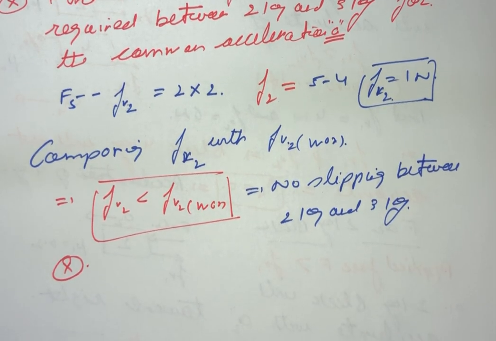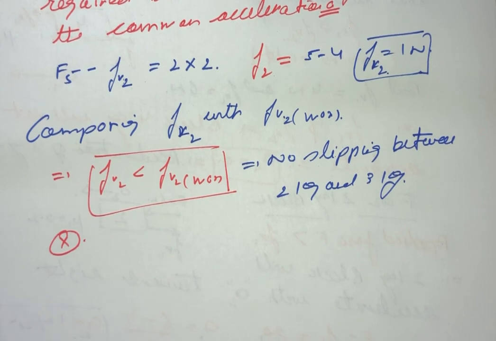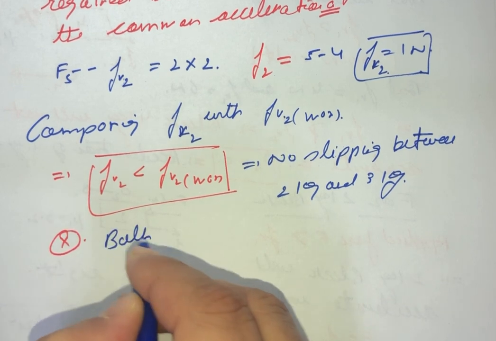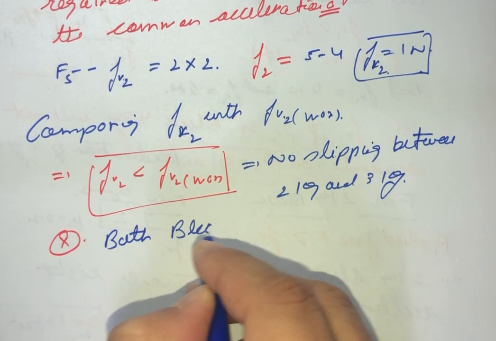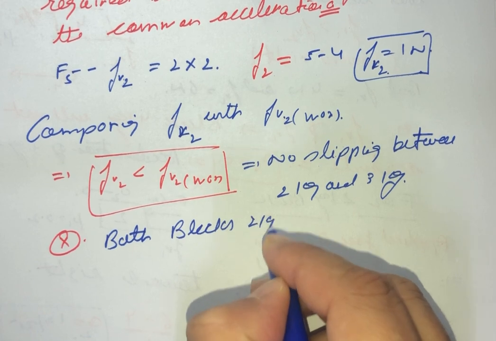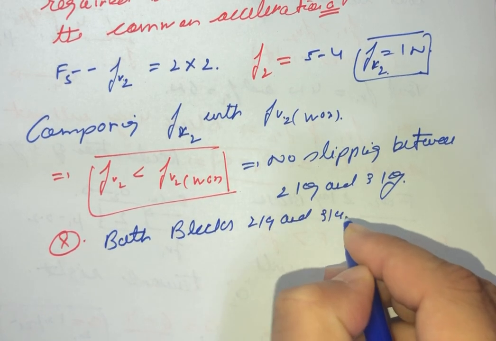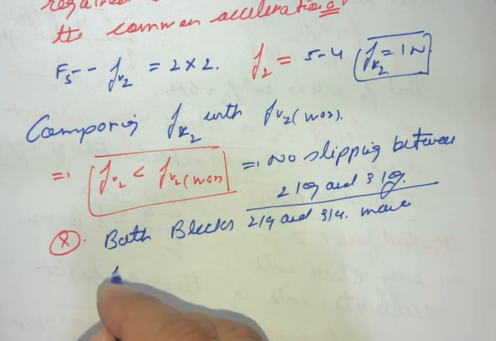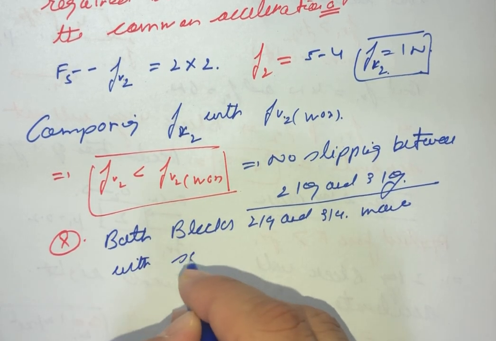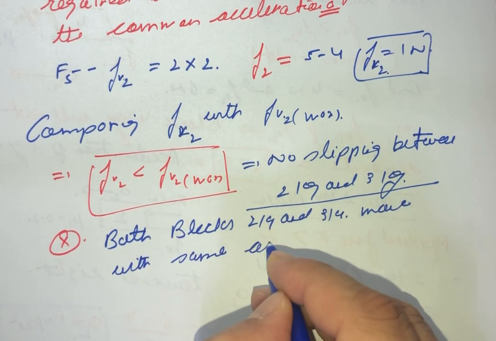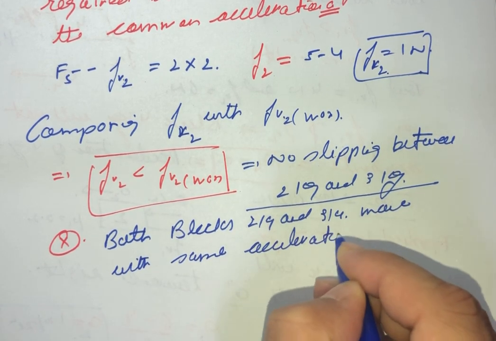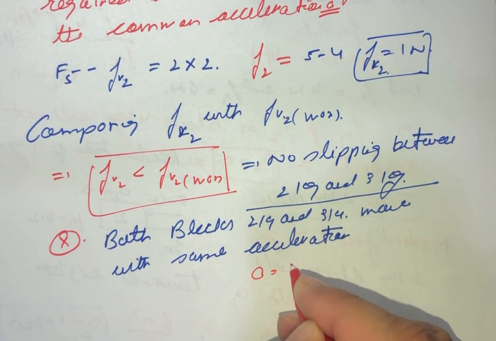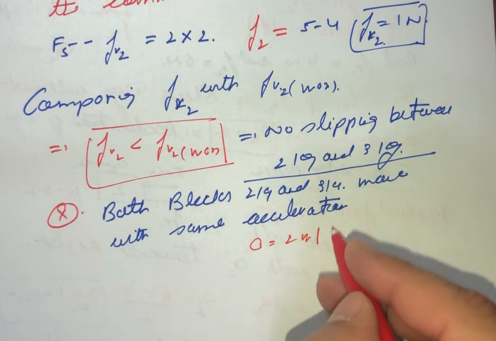If there is no slipping between 2 kg and 3 kg, both blocks 2 kg and 3 kg move with the same acceleration, which is our A, that is 2 meter per second square.